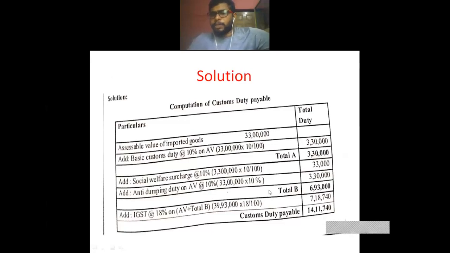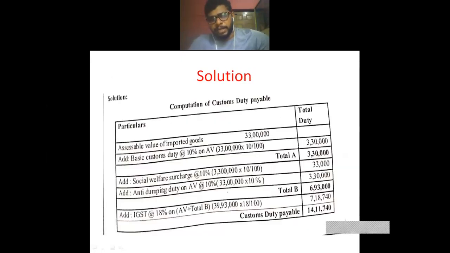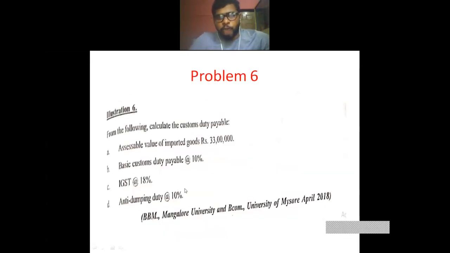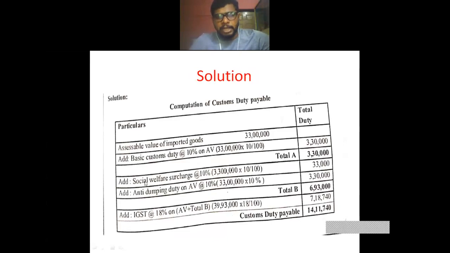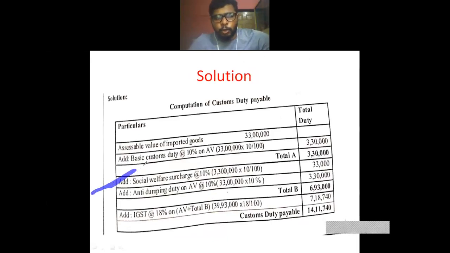You make a provision for another column so that you can follow the solution part, similar to the previous problem, but here anti-dumping duty is given. Anti-dumping duty you have to calculate. Social welfare charges is not given in the problem, but still social welfare charges is compulsory. You should not forget social welfare charges, 10% on 3,30,000.